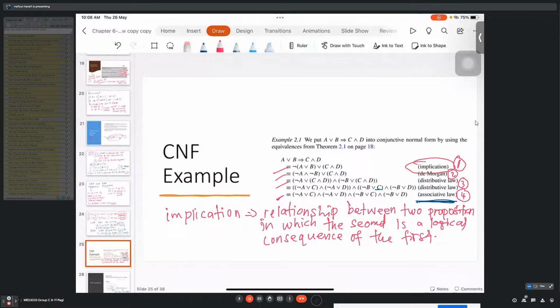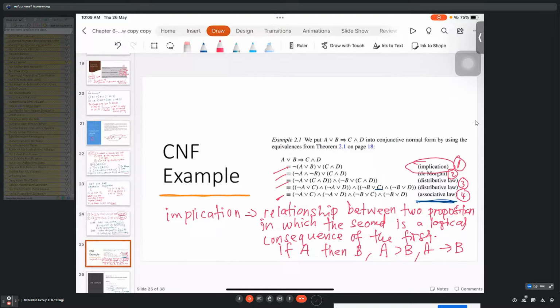For example, if we have if A then B, or we can say that A is a subset of B, or that A implies B. This is implication.